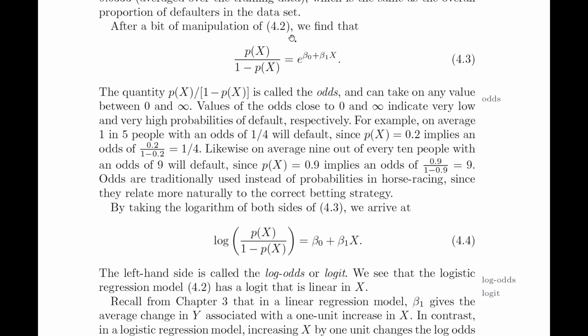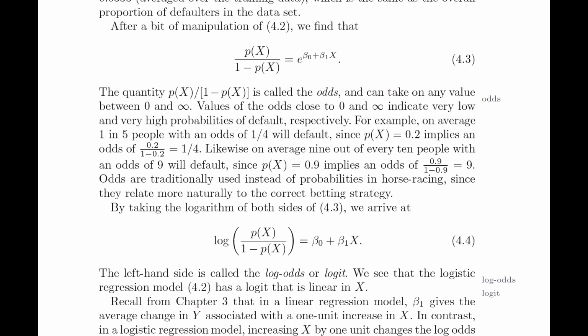Now we're going to continue manipulating this identity by taking the logarithm of both sides of 4.3. We arrive at this, which is called the logit, or the log odds.